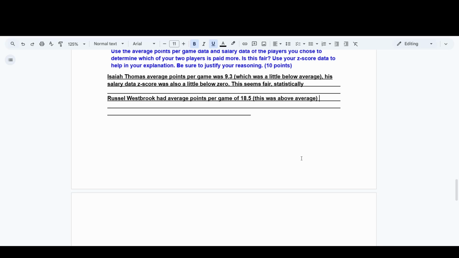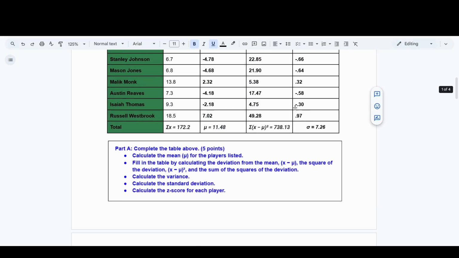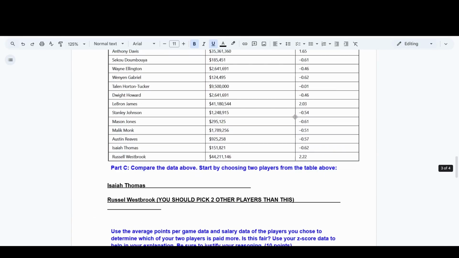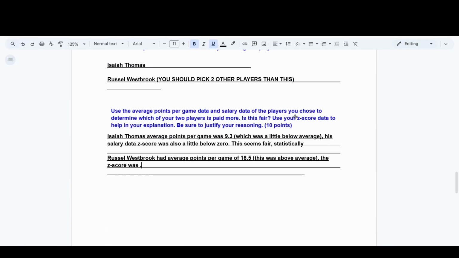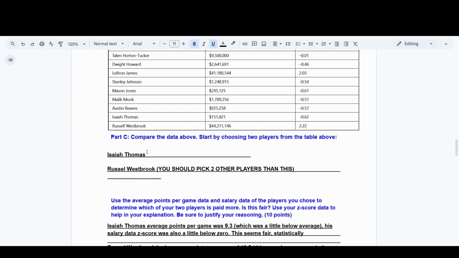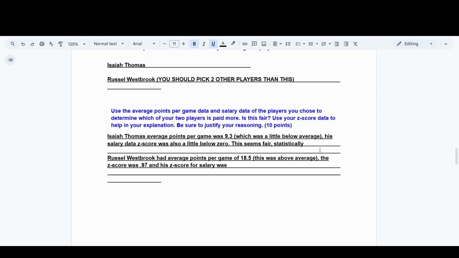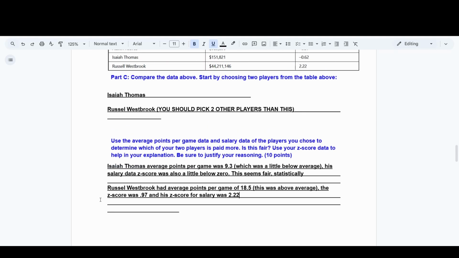And let's look at his z-score data. So for the points, he had a z-score of 0.97. And his z-score for salary was 2.22. So this, to me, at least statistically, I would say this is a difference here, right?